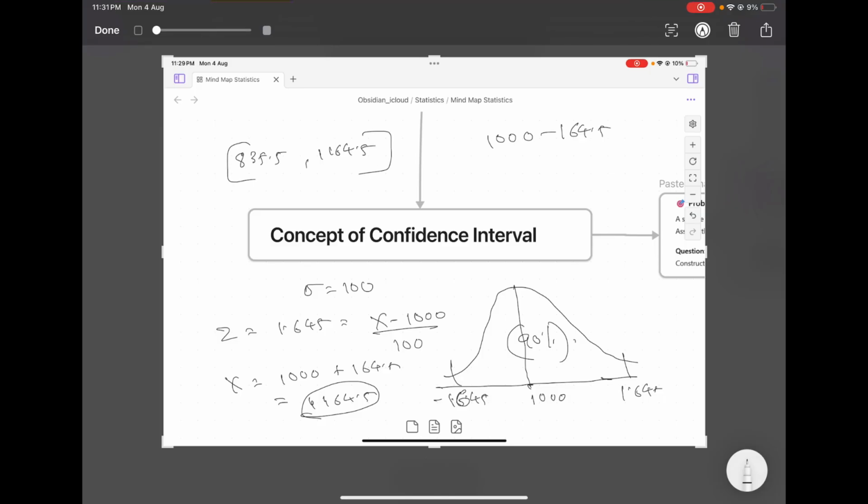This is how you find the confidence. With 90% confidence you can say that the life of a bulb is between 835.5 and 1164.5.